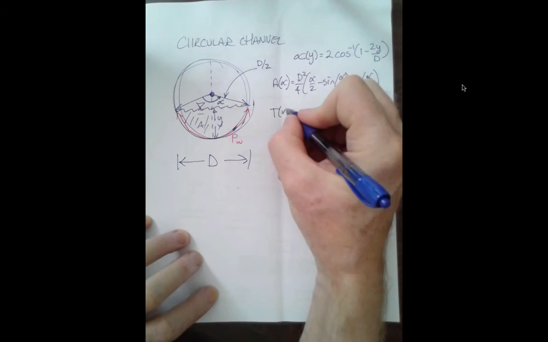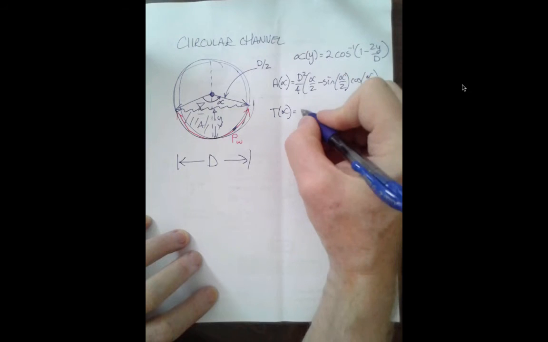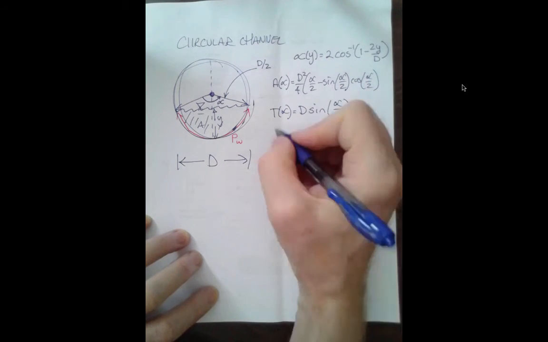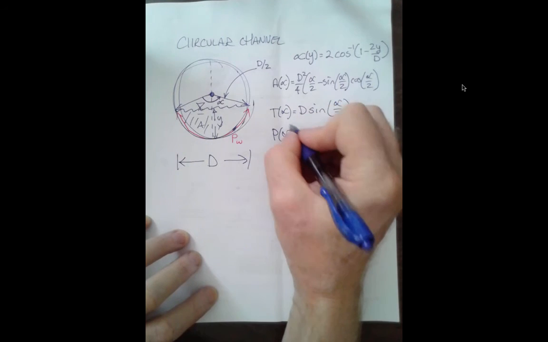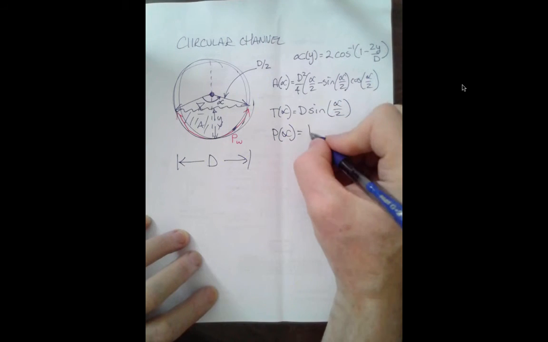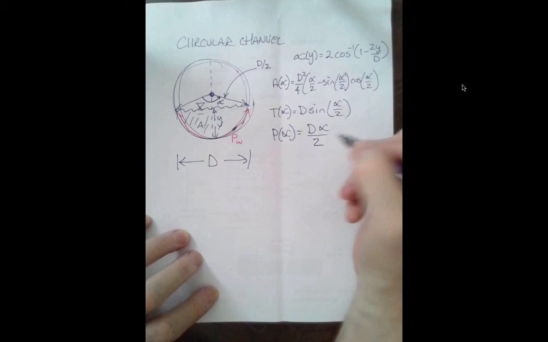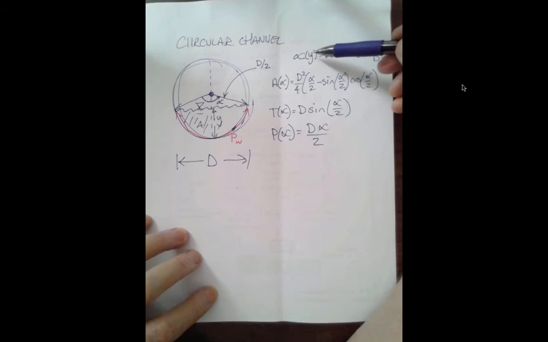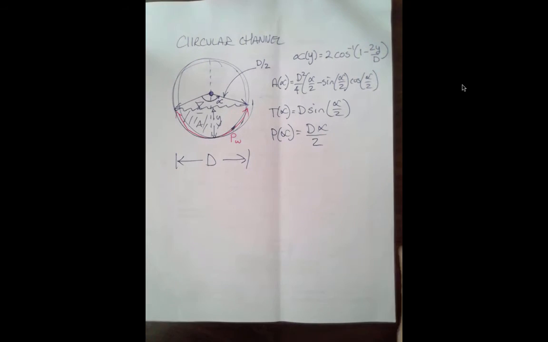Top width as a function of alpha is diameter times the sine of alpha over 2. Perimeter as a function of alpha is diameter times alpha over 2. And since alpha is defined in terms of y, then we have all three of the hydraulic variables.